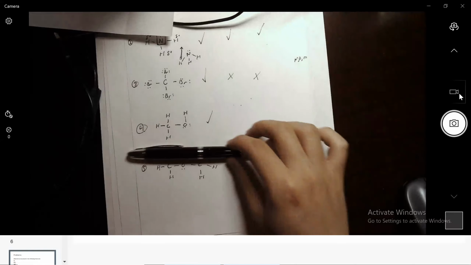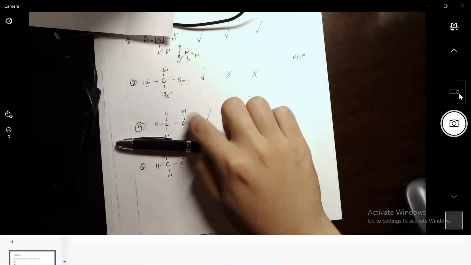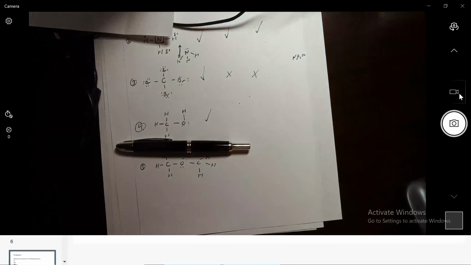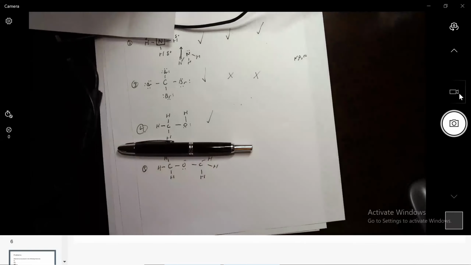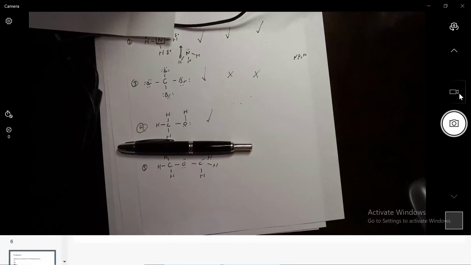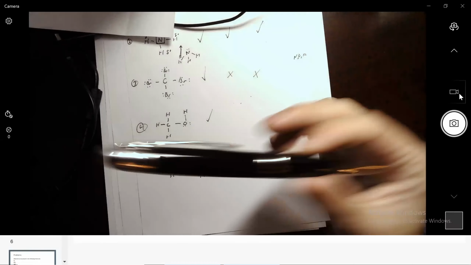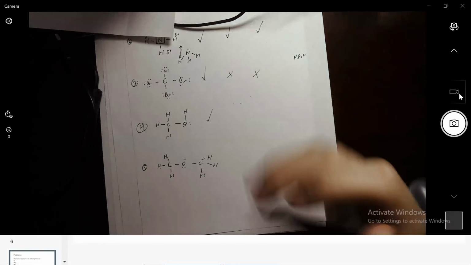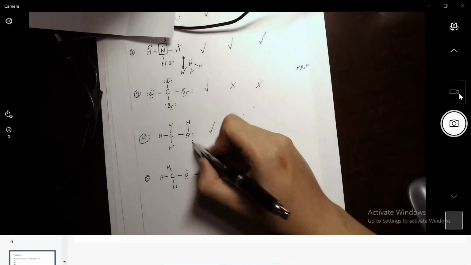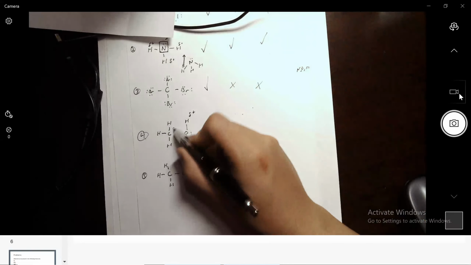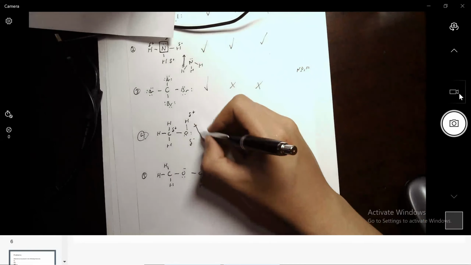So oxygen is more electronegative than carbon and hydrogen. So you have a partial minus, partial plus, partial plus, and we have an overall dipole in that direction.